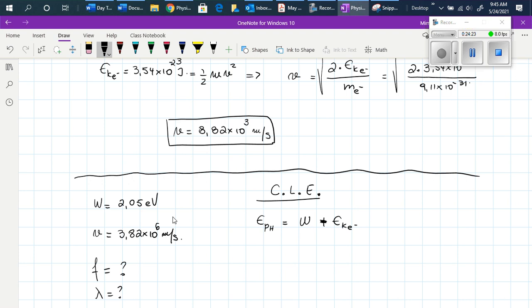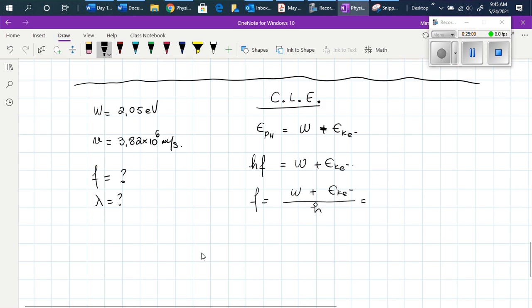Based on Planck's theory, the energy of the photon is Planck's constant times frequency, or Planck's constant times c over wavelength. But in this case, since we are first looking for frequency, let's use this, equal to work plus kinetic energy of the electron. So we are looking for a frequency, and the frequency will be work plus kinetic energy of the electron over Planck's constant. Now let's substitute.